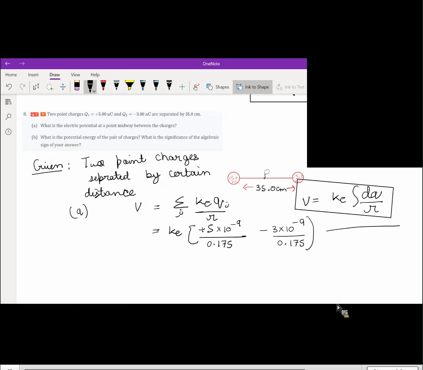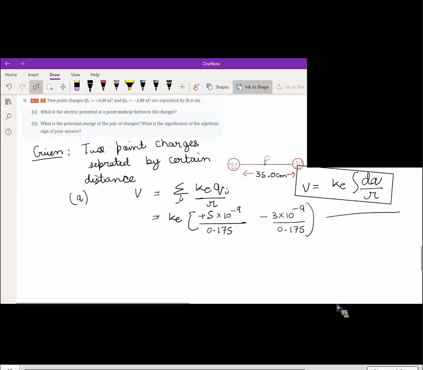That's your answer to the first part. So what is the potential energy of the pair of charges for the second part? And what is the significance of the algebraic sign?